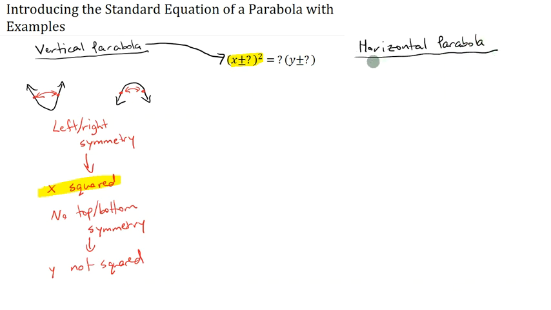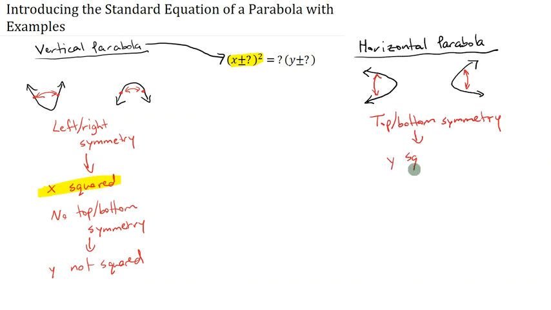Let's look at a horizontal parabola, and do the same analysis. A horizontal parabola lies on its side, so it could open left or it could open to the right. Both of these have symmetry from the top to the bottom, up and down symmetry, which means that the equation will have y squared.